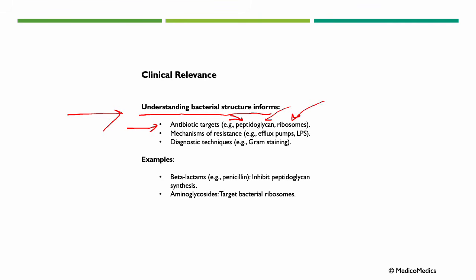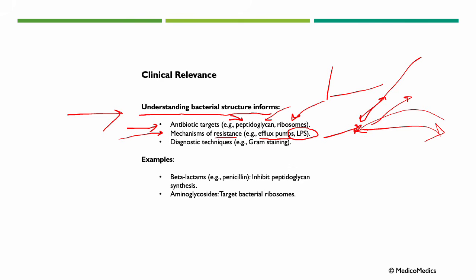Are we targeting the ribosomal subunit, which one, etc.? We need to be aware of the mechanisms of resistance, like the bacteria using efflux pumps, the lipopolysaccharide, essentially whatever it is repelling our immune system from destroying the bacteria, or when we give it antibiotics, what throws it out of the bacteria? These pumps, for example.